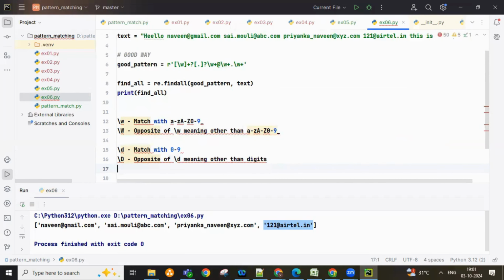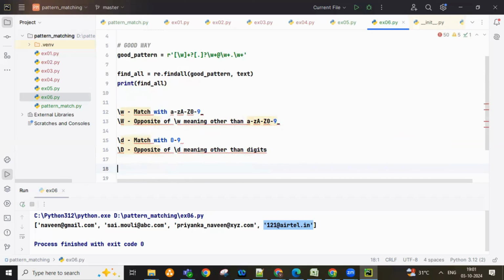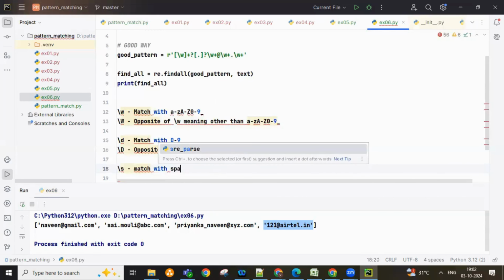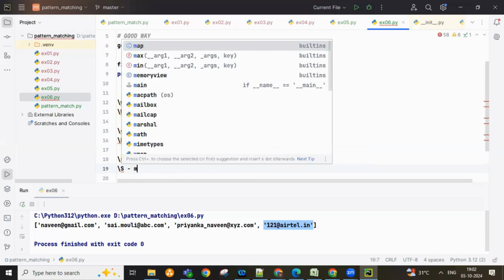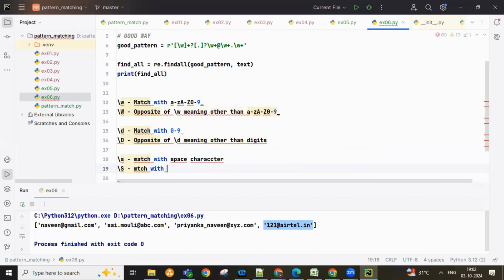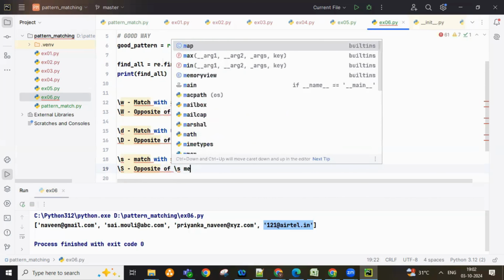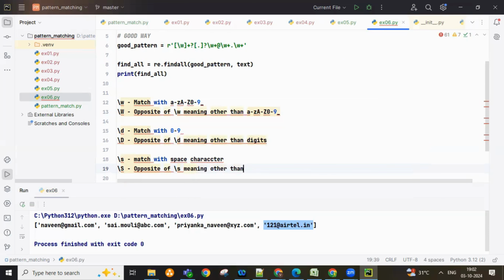Guys, regular expressions will come to you if you practice more. You might have understood the concept, but only if you practice more will you come to know how it is matching and what it is matching. \s matches whitespace, and capital \S is the opposite of \s, meaning other than whitespace.